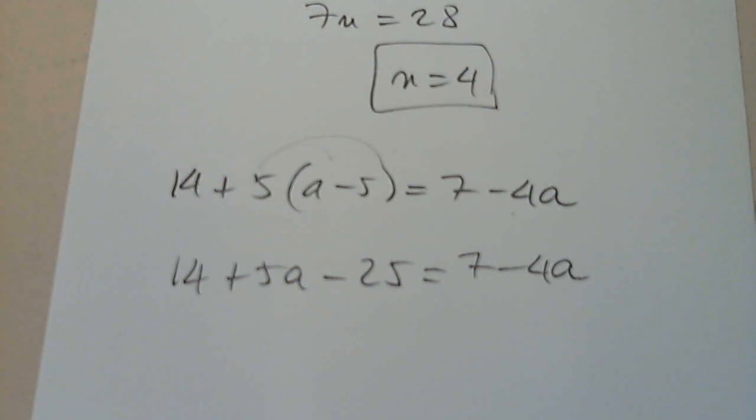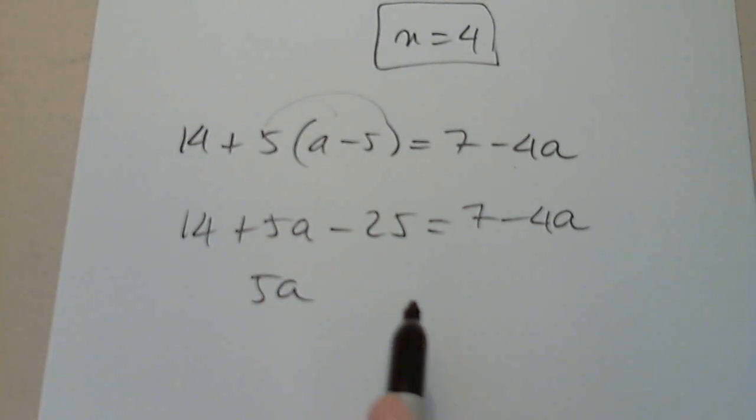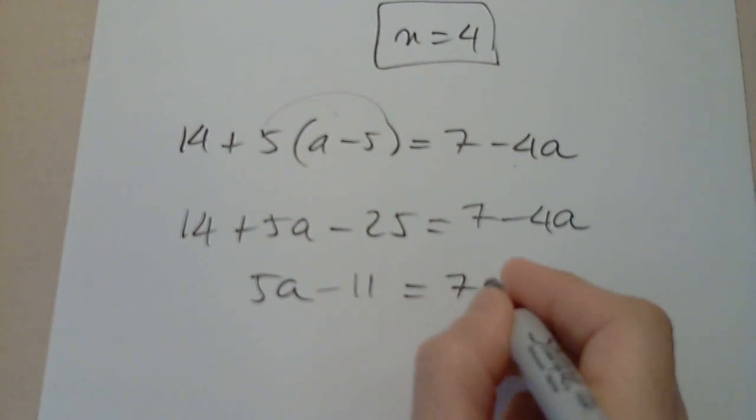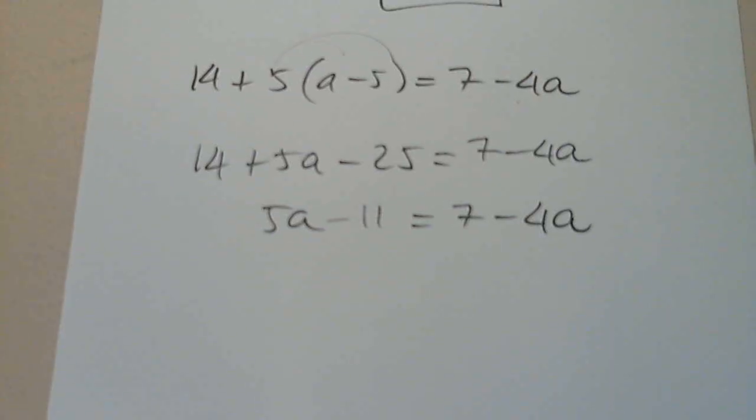Do not move terms around yet. Clean it up first. Arrange the left-hand side. So -25 plus 14 is -11. Now both sides are cleaned up. At this point, I am thinking of moving terms around.